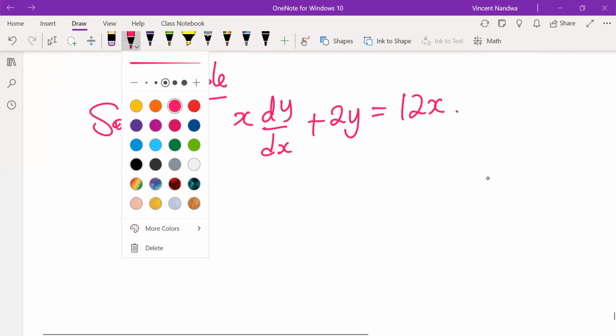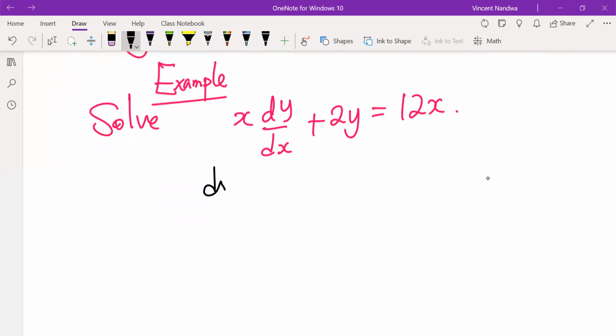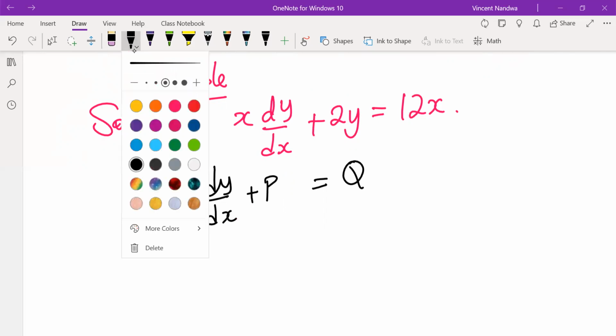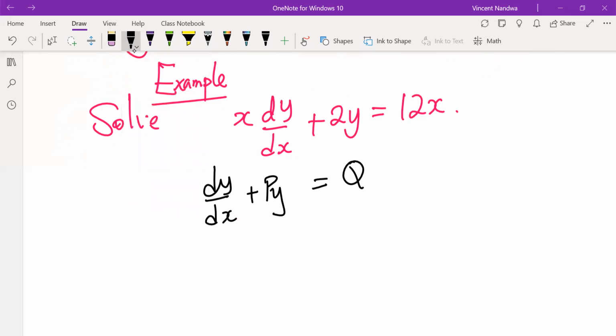So what you do first is to write the given equation in the standard form, dy/dx plus P y equals Q. By doing this, you will now be able to determine the integrating factor mu, which is usually given by e raised power the integral of P dx.